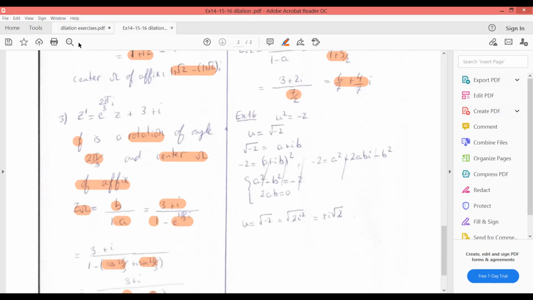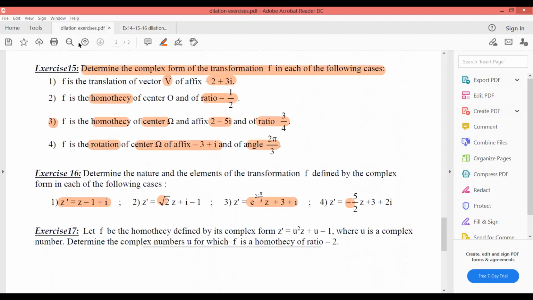The last exercise, 16. Let F be a dilation defined by this form, Z prime equals U squared Z plus U minus 1, where U is a complex number. Determine the complex form of U if F is a dilation of ratio minus 2.